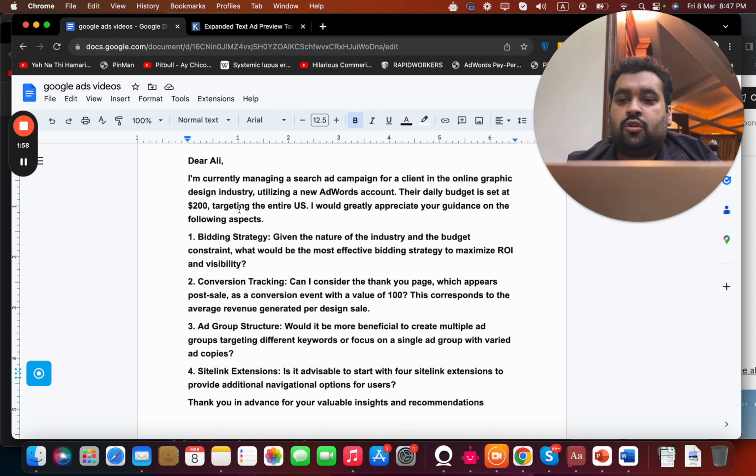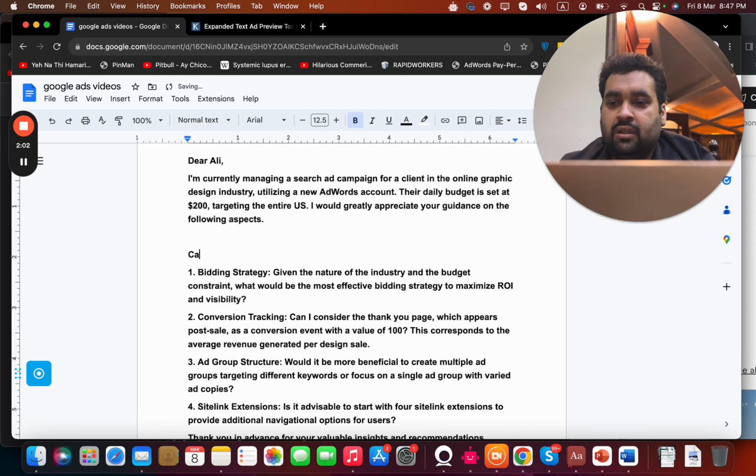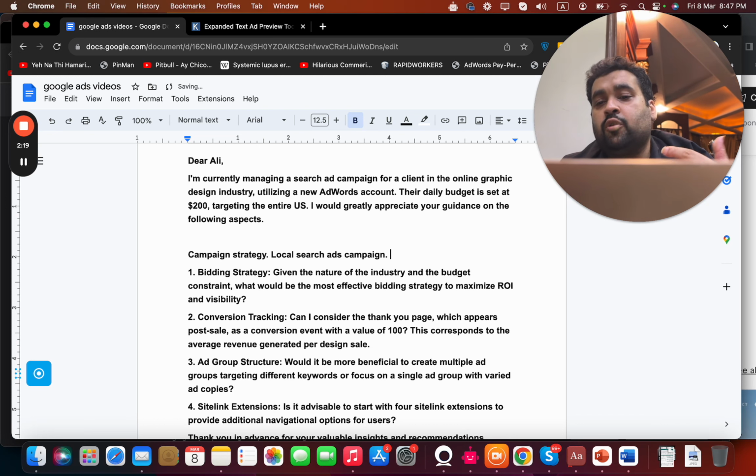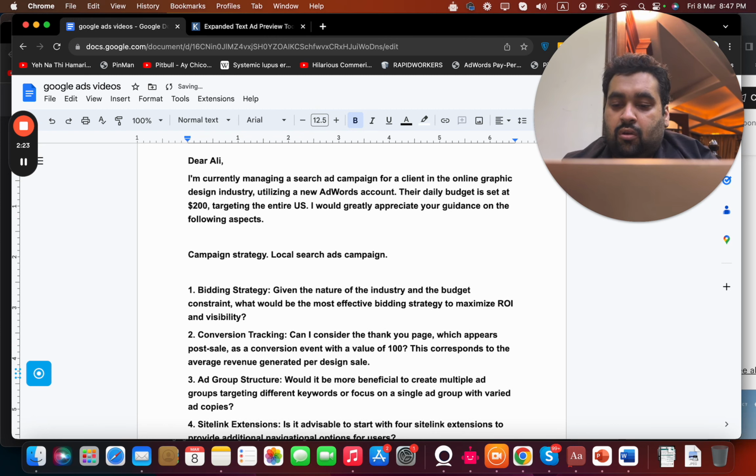Okay. So for bidding strategy, first of all, for a campaign strategy, you can also create local search ads campaigns for Google Maps. But that is only beneficial in case you have a physical presence. I'm not sure if you have a physical presence or not, but in case you do not, you can also spend money on retargeting.